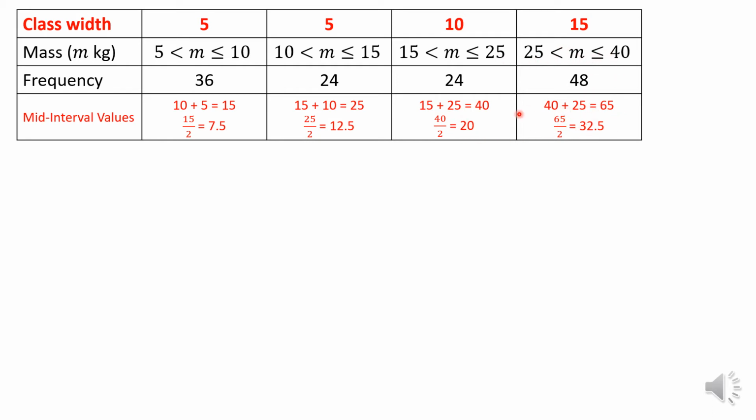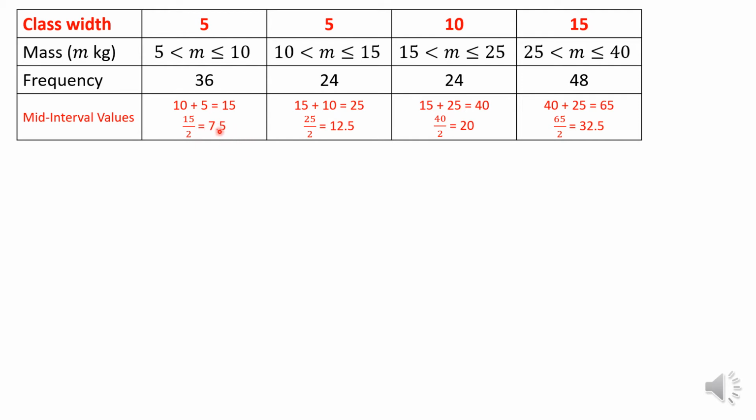This gives us just an idea of the average mass of the children in that class interval. So we say that the children in the interval between 5 and 10 kilograms have, on average, a mass of about 7.5 kilograms.